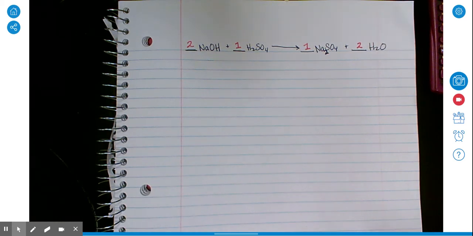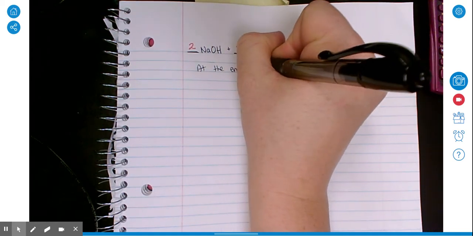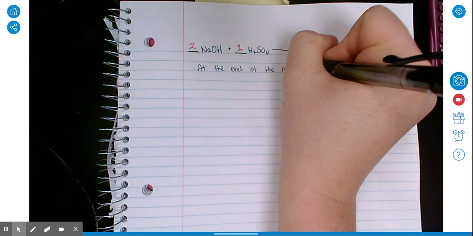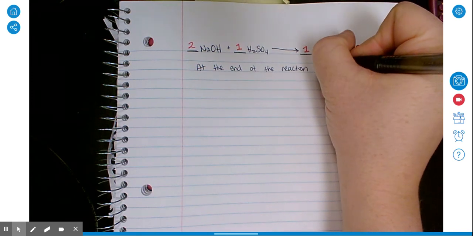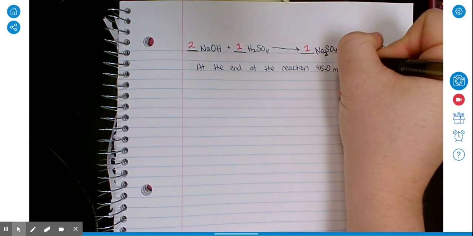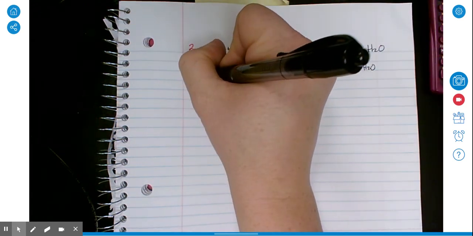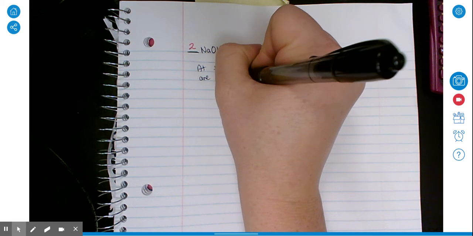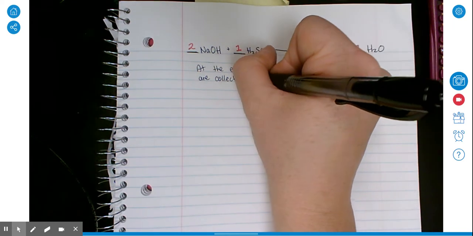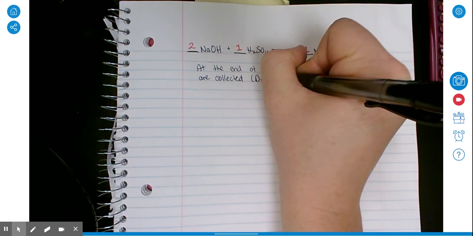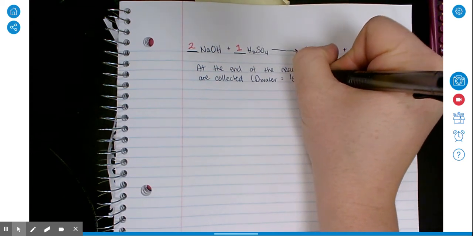And now we're going to start at a different place. We are going to say at the end of the reaction, 45.0 milliliters of water are collected. So now you're knowing what was collected at the end. And the density of water is equal to 1 gram per milliliter.